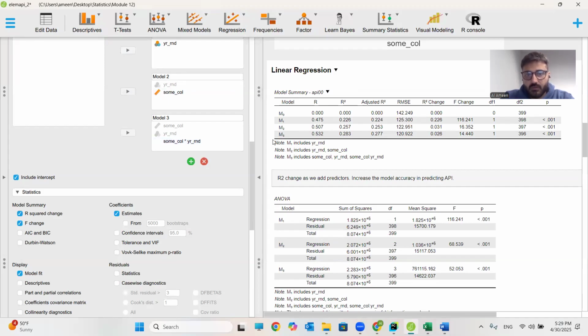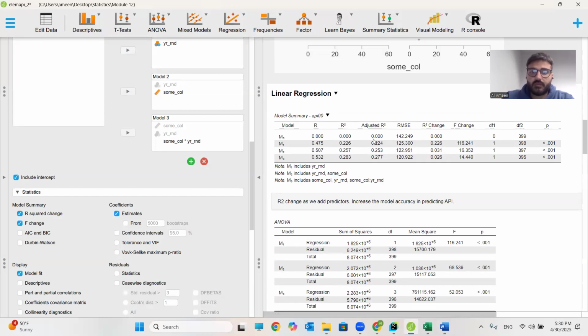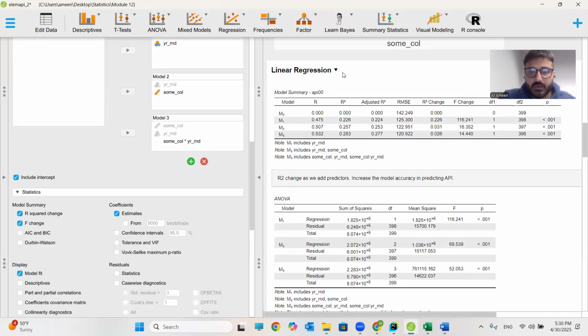And then my last model, model 3, which has the interaction, has the highest R squared. And we can see the change in R squared being represented over here in this column. So basically, the more predictors we add, we increase the model accuracy in predicting the API. So model 3 is the model we want to follow to predict the API.